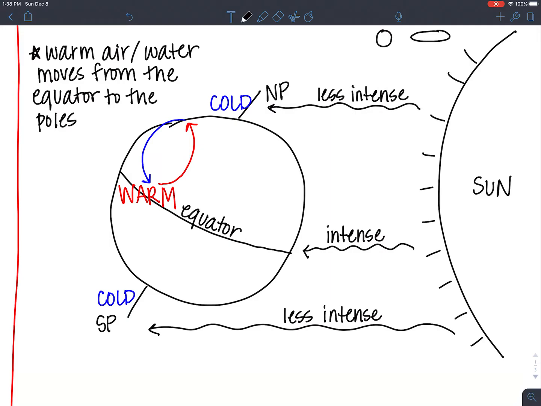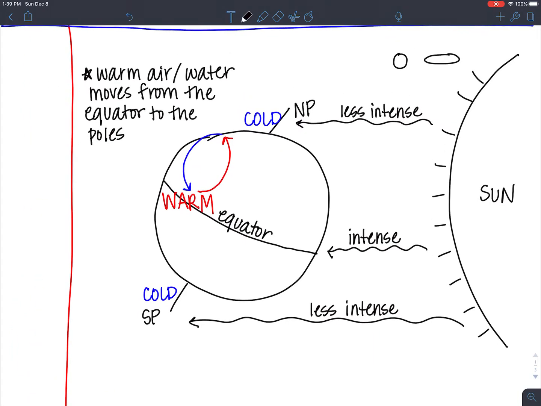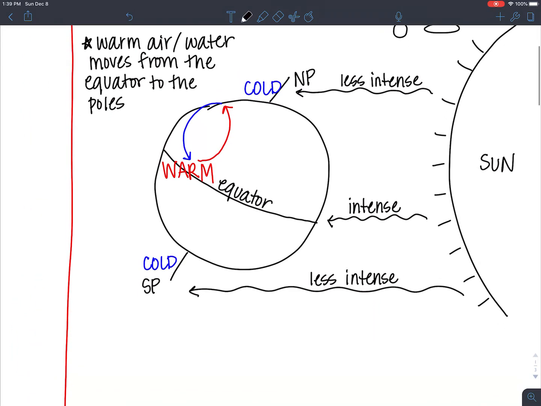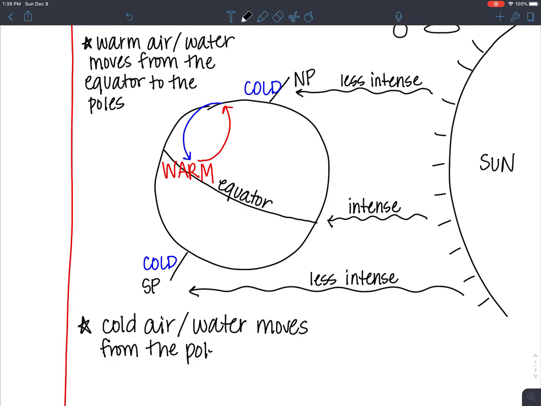So warm air and water moves from the equator to the poles. Cold air and water moves from the poles to the equator.